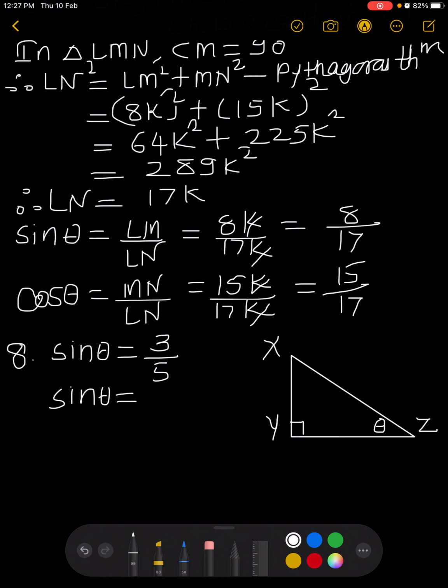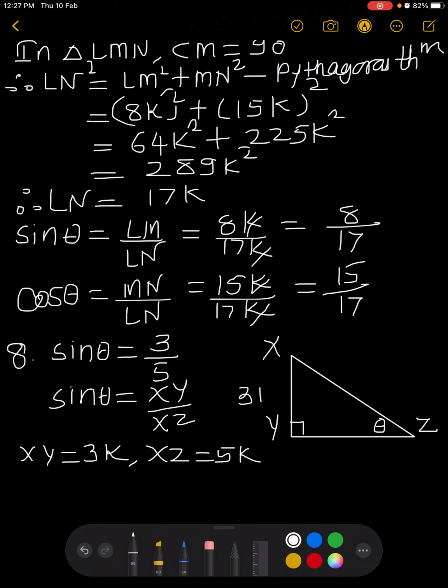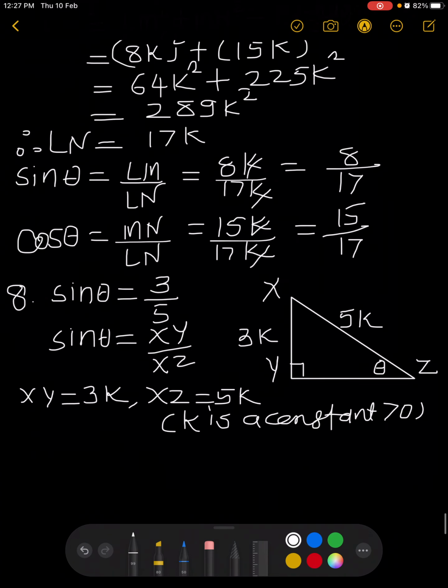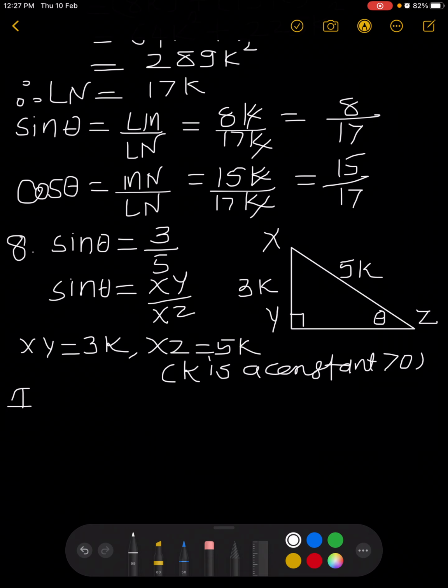Sin theta means the ratio of the opposite side for theta and hypotenuse XZ. XY will then be 3k and XZ will be 5k. Here k is a constant greater than 0.